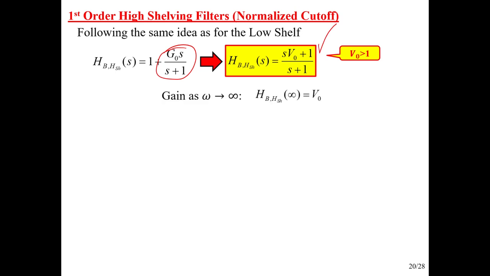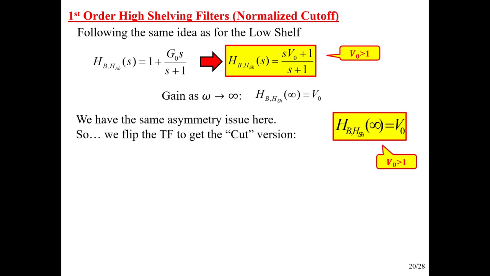Let's just check. As omega goes to infinity, we see that this term will dominate that, and this term will dominate that, and then we get an S that canceled, and we're left with V0. So at high frequencies, and again, this is the boost form, it will shelf off at a value of V0, and we would normally show that in dB.